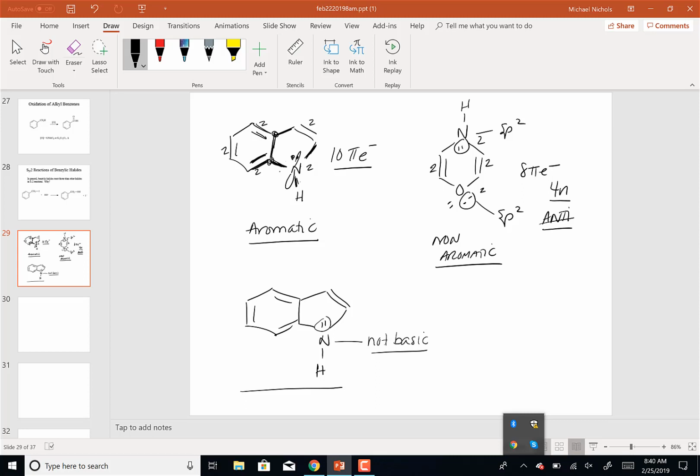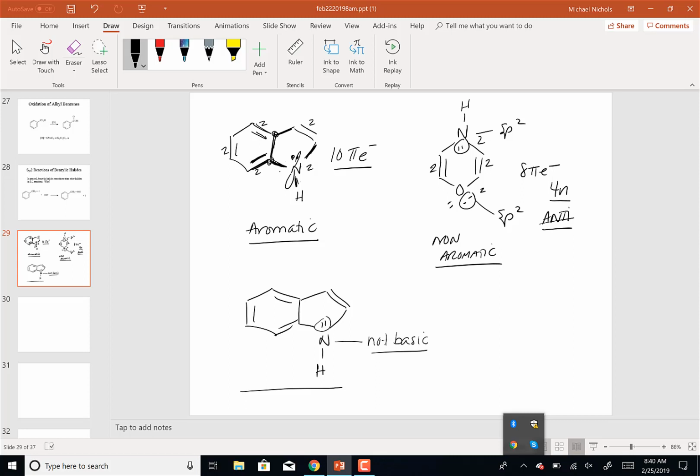So sometimes when we talk about nitrogens being basic or not basic, we're talking about, does that nitrogen have a lone pair that it can use to bond an H+? If the lone pair is not part of the aromatic system, in other words, it's outside of the ring, it will be basic.